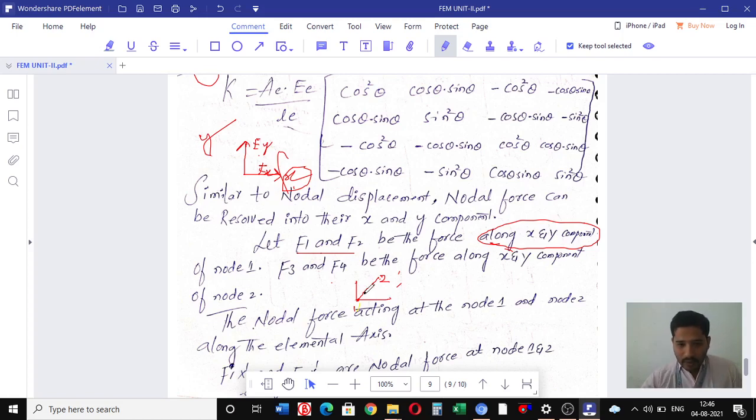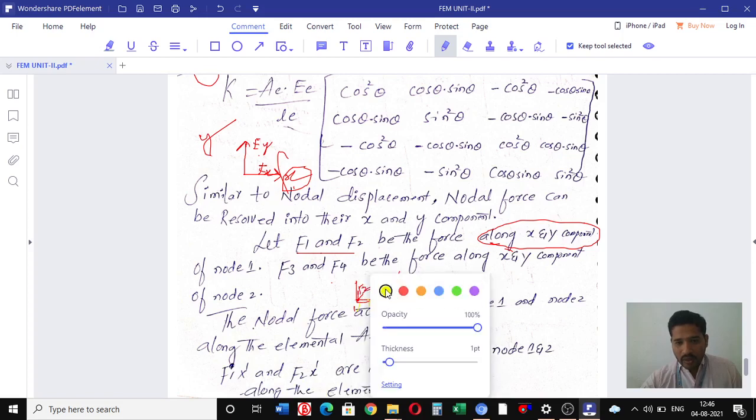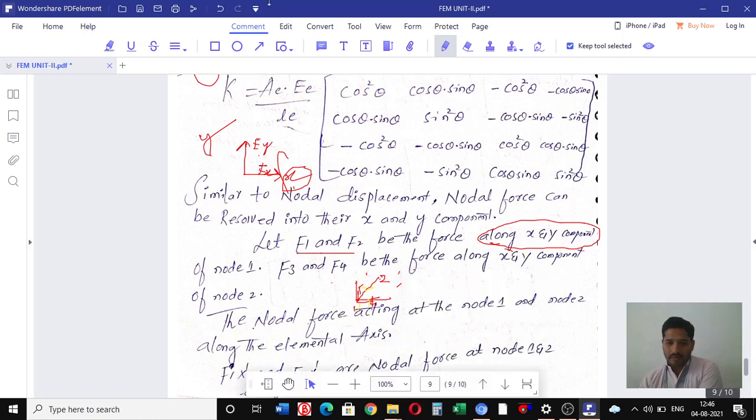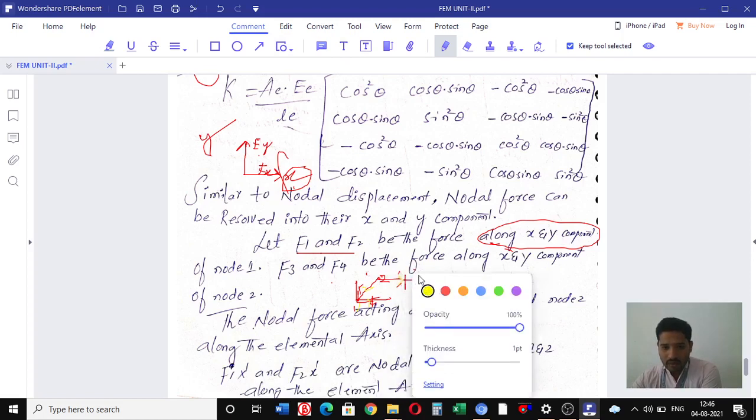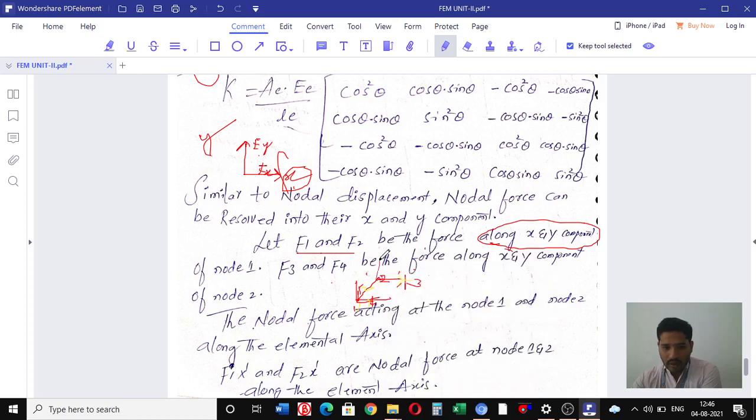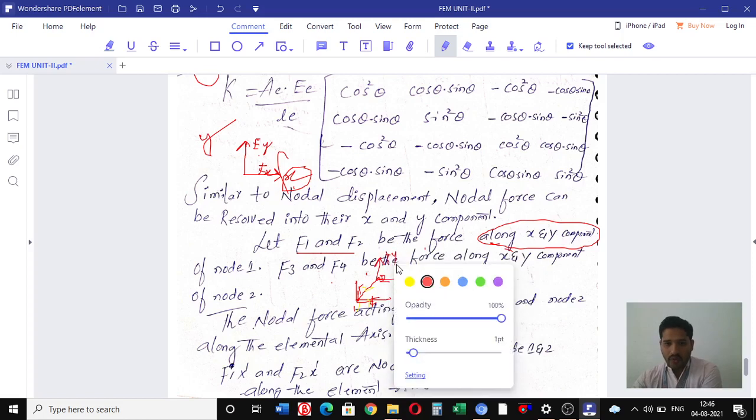Let us see here, this is F1, and this is F2. Above we can resolve this is F3 and here this is F4.